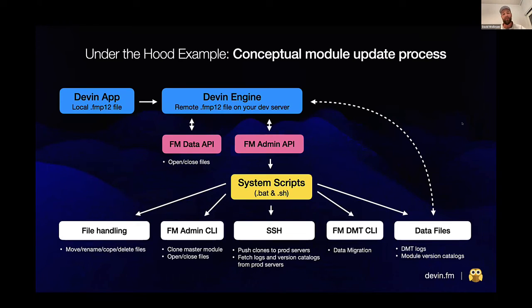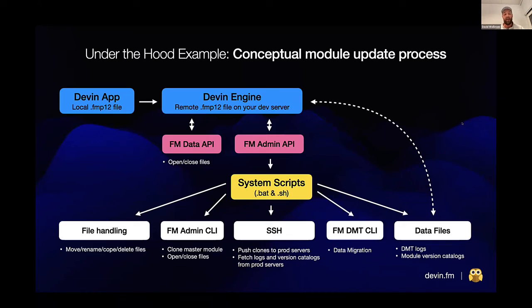The Devin engine uses the data API to open and close some files, and then mostly the admin API is used to call system scripts that are installed when you install Devin. Those system scripts handle a lot of external operations, from file handling to integrating with the admin command line interface, doing backups and clones, and also opening and closing files.